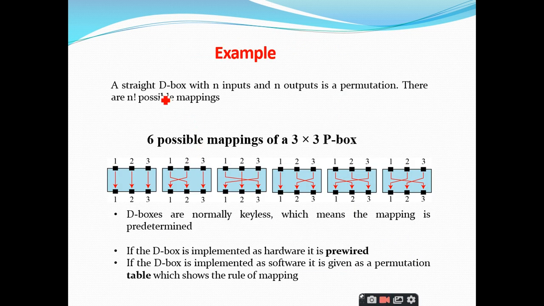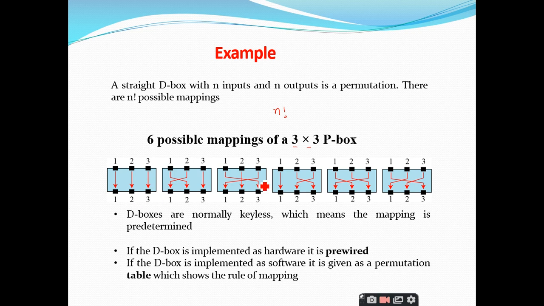As this is also discussed, if we have n inputs and n outputs, we will have n factorial permutation tables or pre-wired hardware components, right? So if you take an example of a 3 by 3 P box or D box, since it has n factorial, that is 3 factorial, that is 6 combinations of the permutation tables.